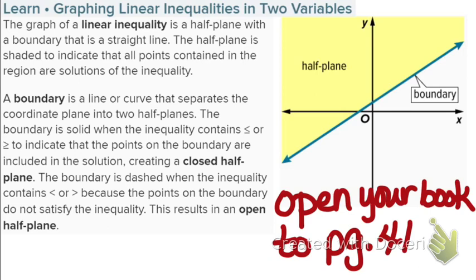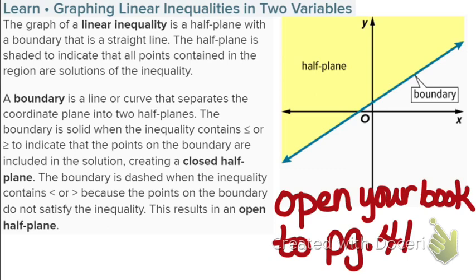The biggest difference between yesterday and today is, after we know where those points should go, after we know what our line looks like, is it going to be a solid line, that's called a closed boundary, or is it going to be dashed? Does anybody remember from Algebra 1 how you decide whether it should be closed, solid line, or open, dashed line? Yes, Ibrahim. I think it's like, the greater than sign has a line under it or not.